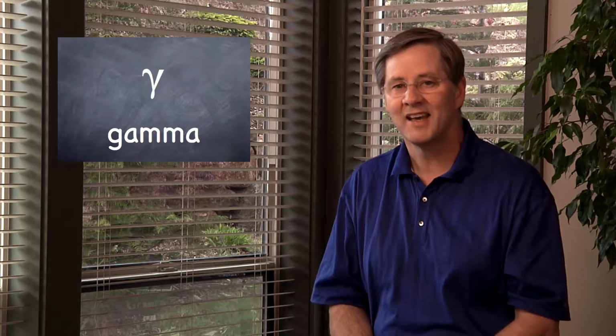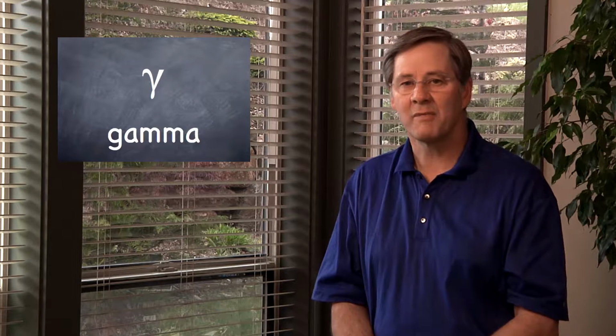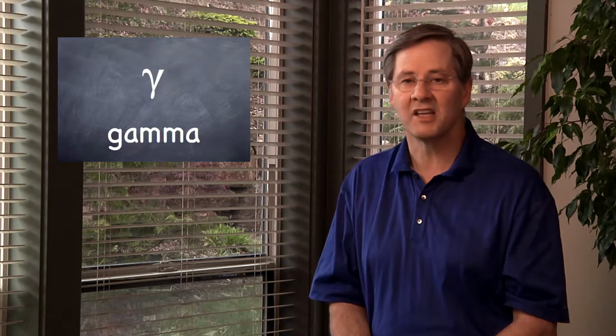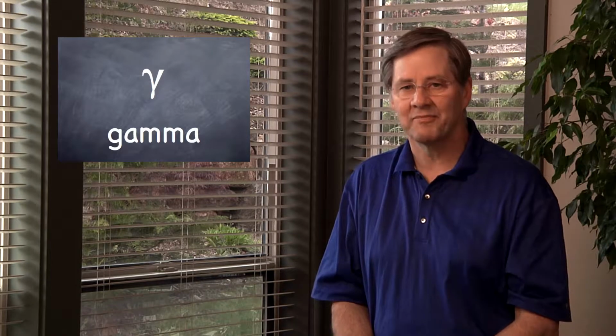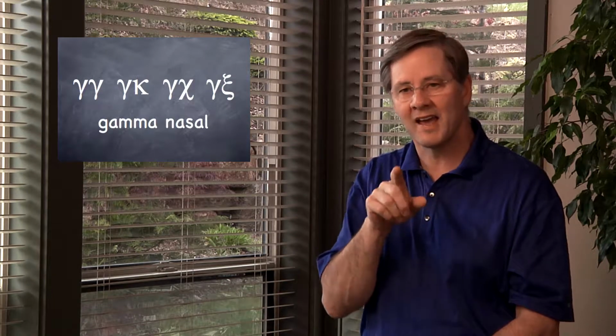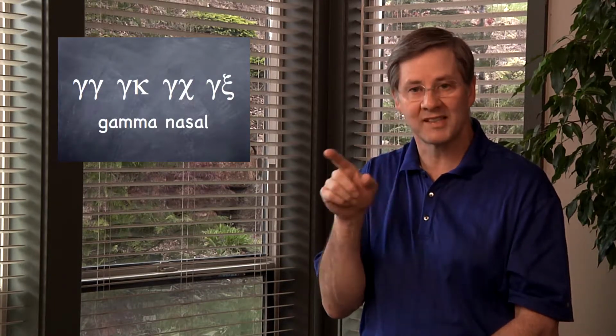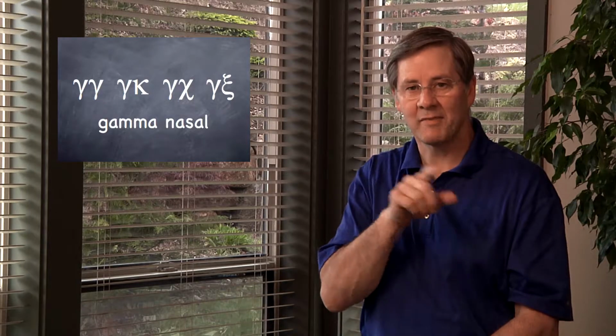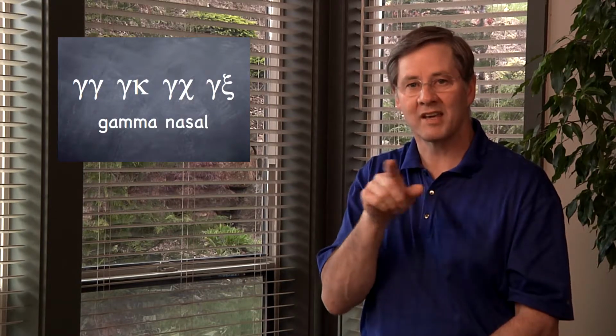It's called gamma. And the gamma is pronounced generally with the hard G sound, like in the English word gone. Now, there's a special situation: when you have gamma that's followed by a gamma, a kappa, chi, or xi, so gamma gamma, gamma kappa, gamma chi, gamma xi.